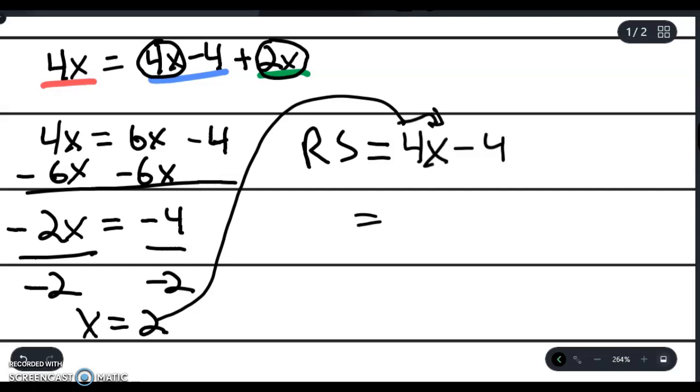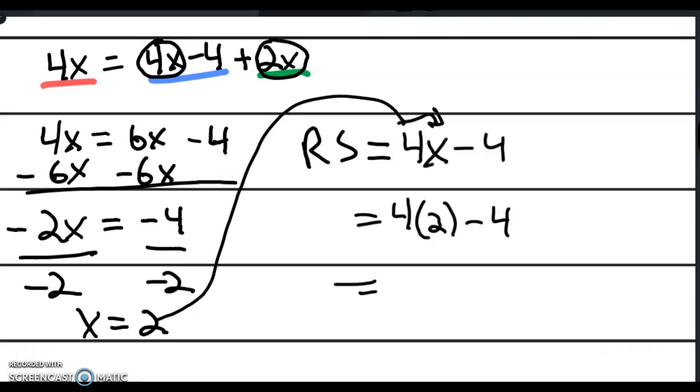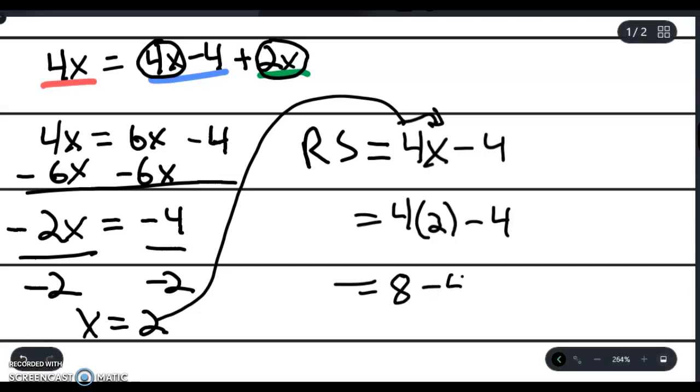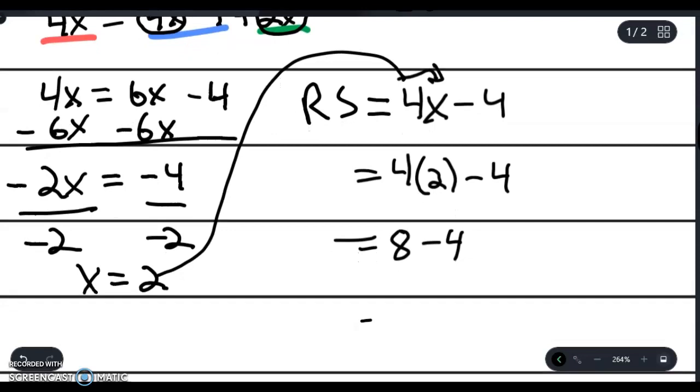So 4 times 2 minus 4 is 8 minus 4, and that means RS is equal to positive 4.